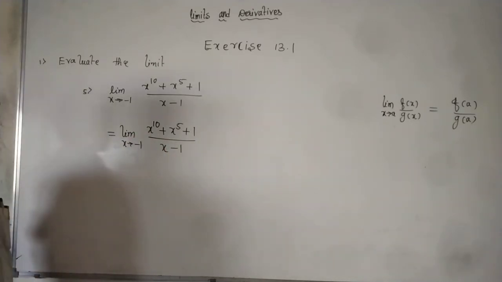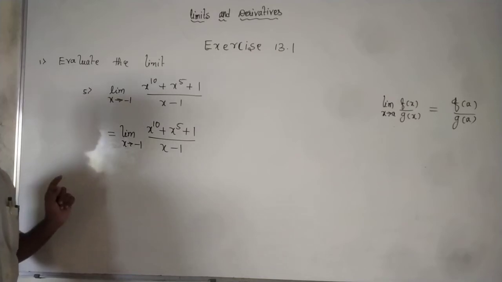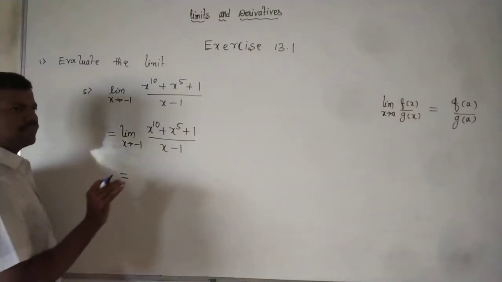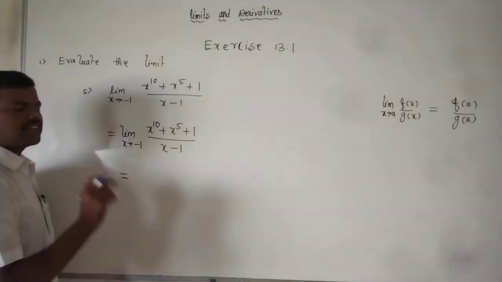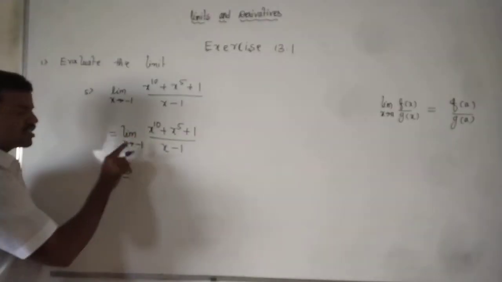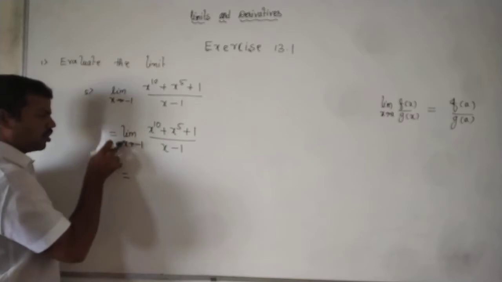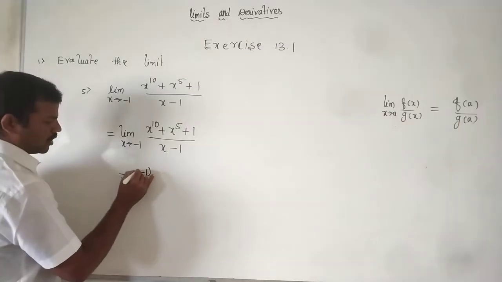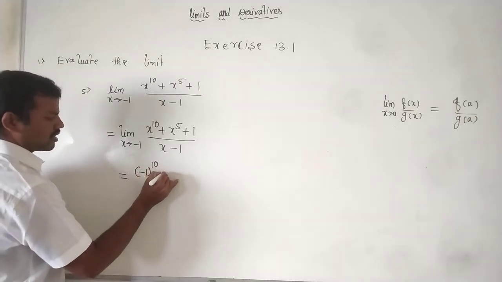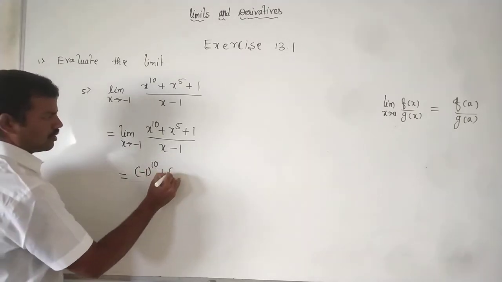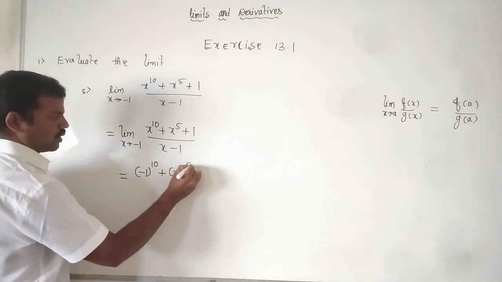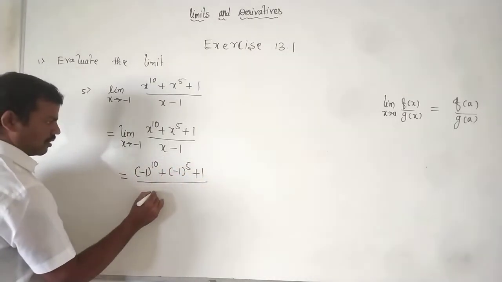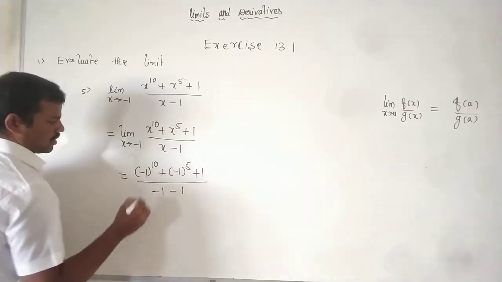Where there is an x, we have to put minus 1. That is the evaluation of the limit. Minus 1 raised to 10, plus minus 1 raised to 5, plus 1, divided by minus 1 minus 1.